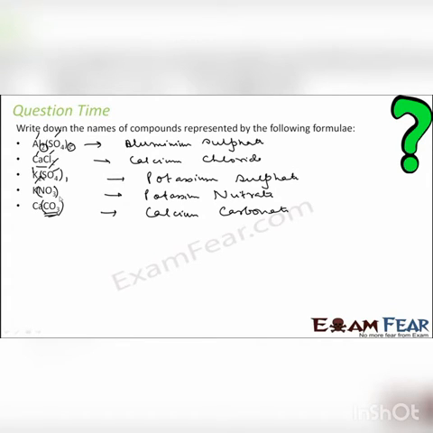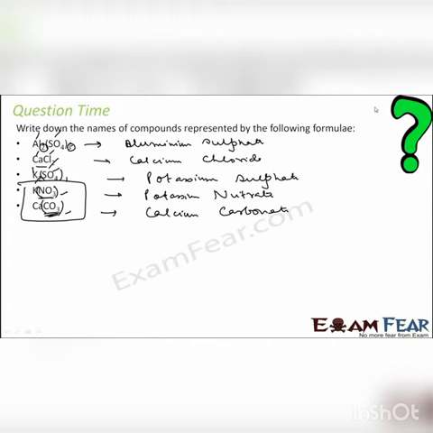But in these last two cases, nitrate and carbonate, that thing was not given. The bracket was not there, so it was a little difficult to understand. This is with experience, with practice, that NO3 is a polyatomic ion and CO3 is also a polyatomic ion.